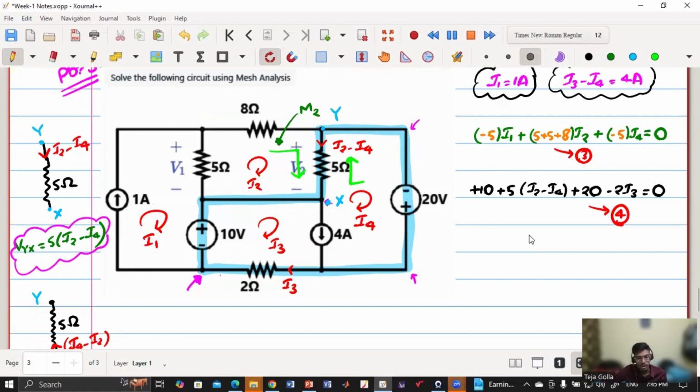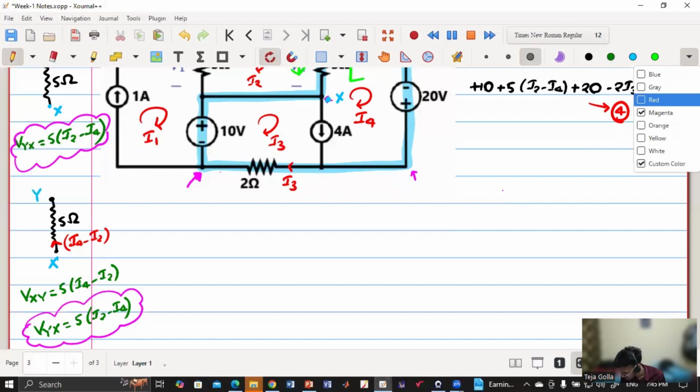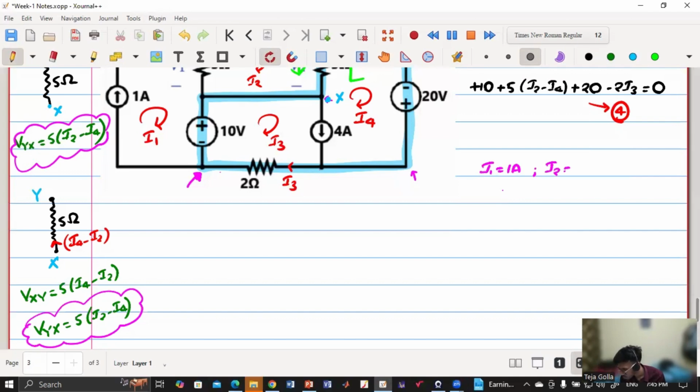Yes, okay. So now let us not waste our time in solving. I have solved it, so I will give the I1, I2, I3, I4 values. If you solve, these are the values you will get. I1 is already known, 1 ampere, and I2 is 1.435 ampere, and then I3 is 8.168 ampere, and I4 is 4.168 ampere.